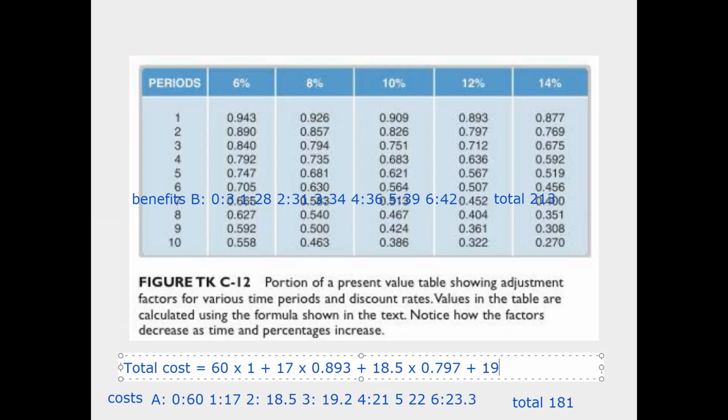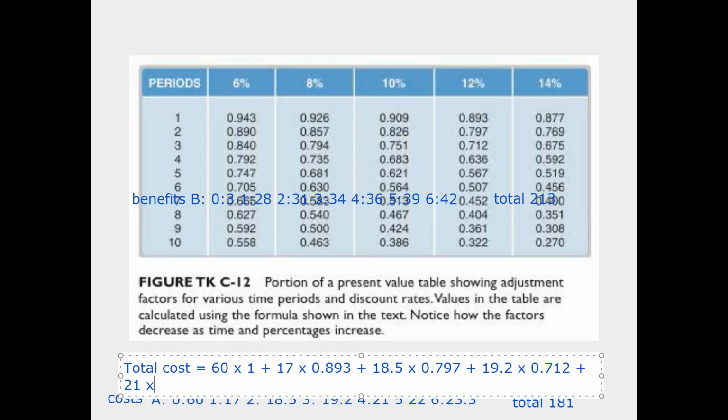Then 19.2 into 0.712. So using net present value, we are going to get a reduction, right? Then the next one, we have 21 into 0.636. So it goes on like this.